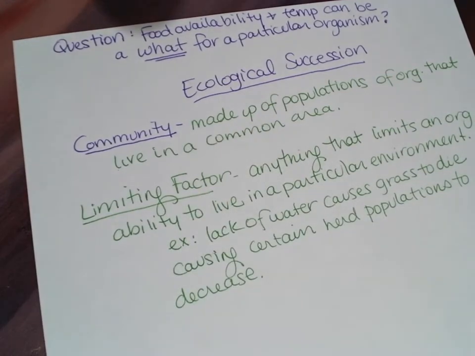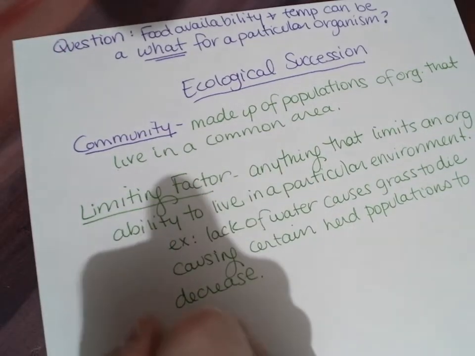Right? So if you're talking about deer or sheep or goats or cows that are grazing on the grass, but the grass dies off because there's a lack of water, then those animals, whichever population you're talking about, will either have to leave to find that grass somewhere else, or they will possibly die if there's just not enough food. That's a limiting factor. It limits the ability for organisms to live in an area.